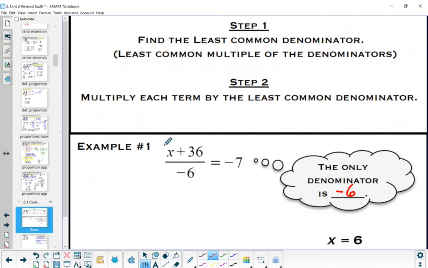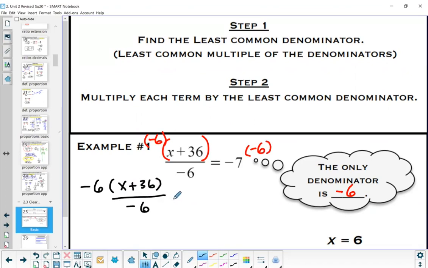So I'm going to multiply the left side of the equation by -6 and the right side of the equation by -6. So let me rewrite this. You have -6 times this equal to, and then -6 times -7 is +42.